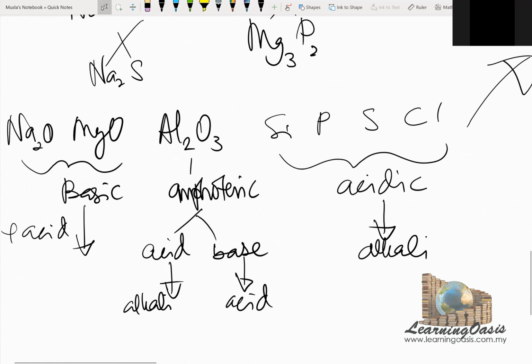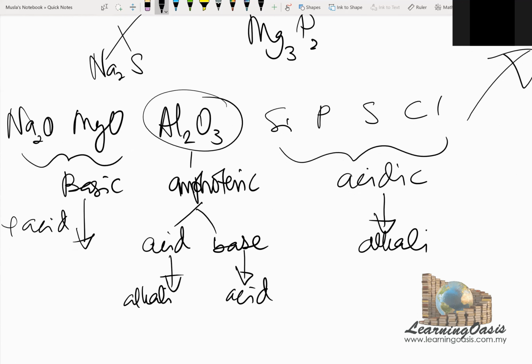But aluminum oxide is amphoteric. What's the advantage of aluminum oxide being amphoteric? What is one property of aluminum that relies on the aluminum oxide? When you talk about aluminum, remember aluminum is a metal, so it's malleable, it's ductile, it conducts electricity, and so on. Now, one property of aluminum that is due to the oxide layer.